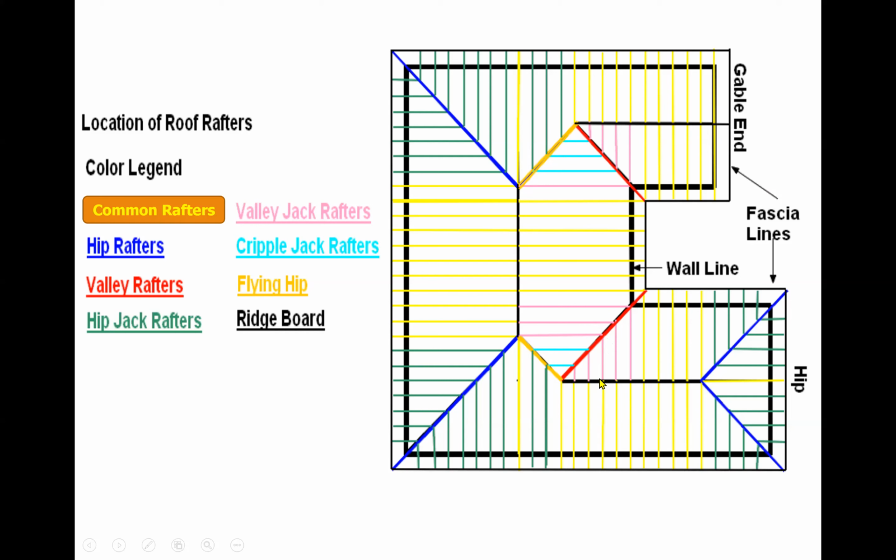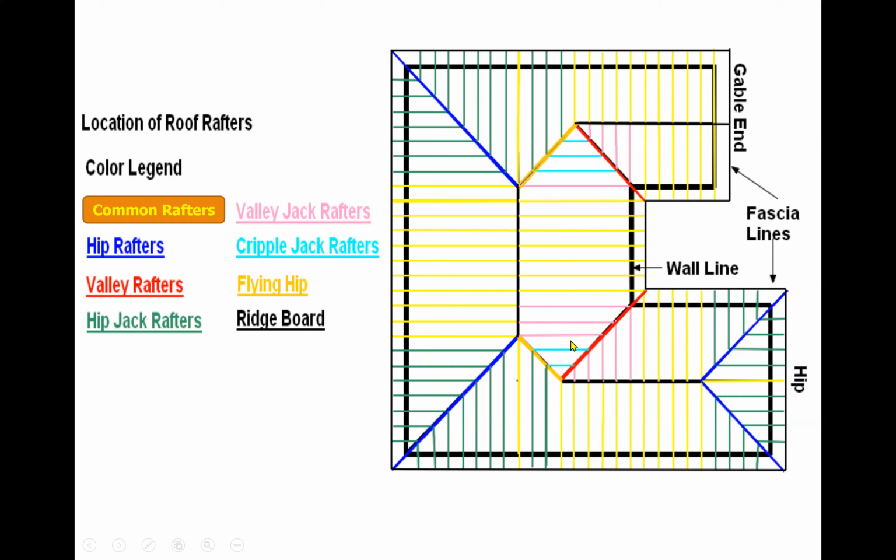And then those rafters that are tied to your valley, those are called valley jack rafters. So if you notice, you can't just say jack rafter, because you have hip jack rafter, you have valley jack rafter. You have to differentiate between them. Then we also have these, because we notice the valley rafter is going from ridge board to valley.